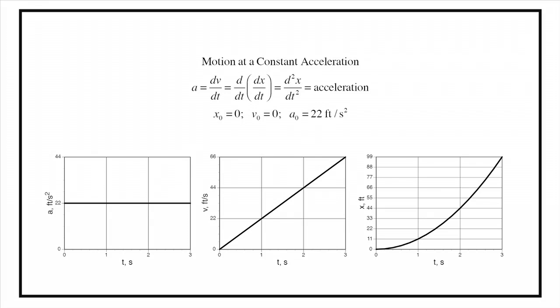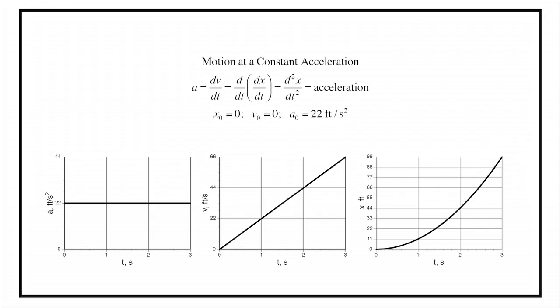The left-hand panel is the slope of that line, which is the acceleration. In this case, it does have an acceleration. It's 22 feet per second squared, but the acceleration is constant here, and so that graph has 0 slope, whereas in the previous case, the velocity line had 0 slope because the velocity was constant.